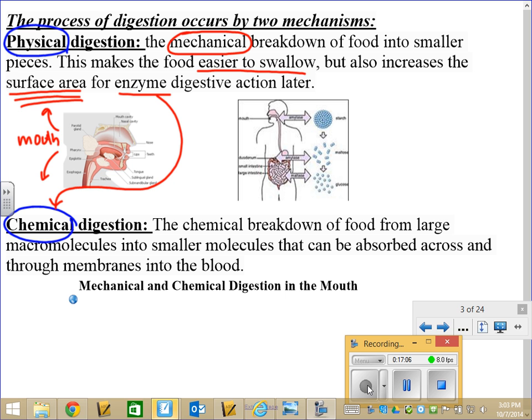Just like in the video, your mouth has teeth in it that are helping you physically digest, but your mouth also has saliva being produced, and that has enzymes in it. Over here is a little illustration of what amylase is doing. Amylase is an enzyme that I've actually mentioned before.